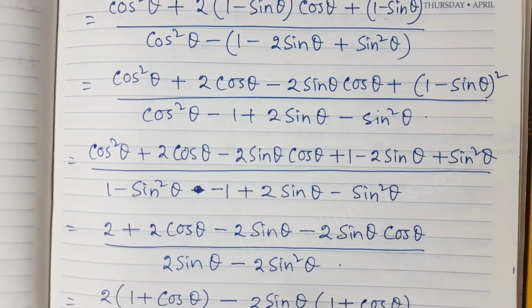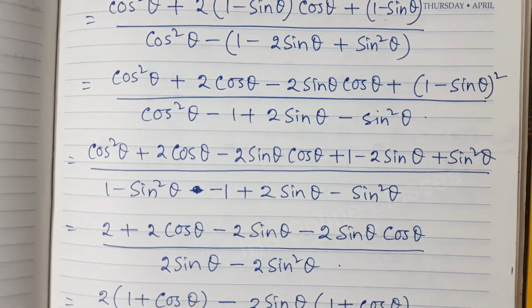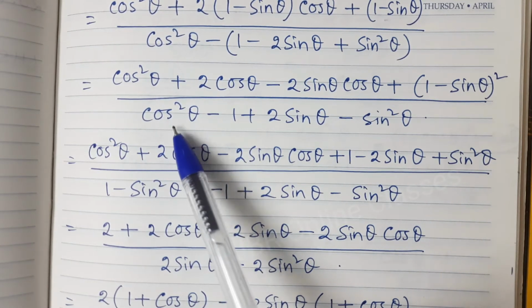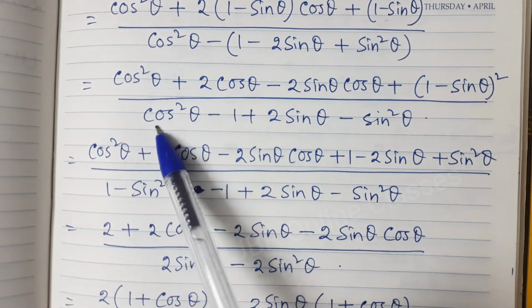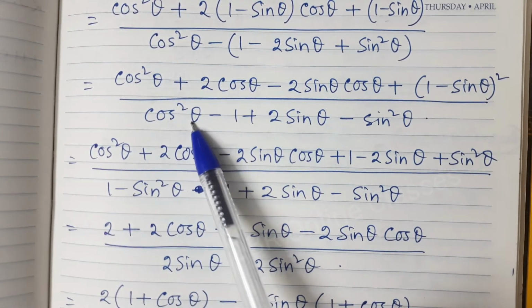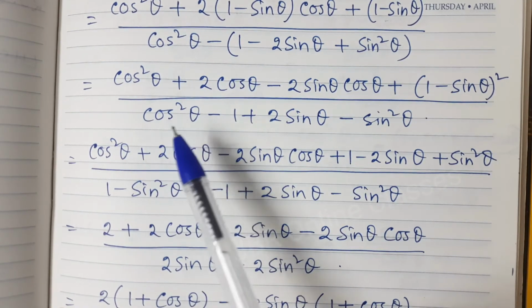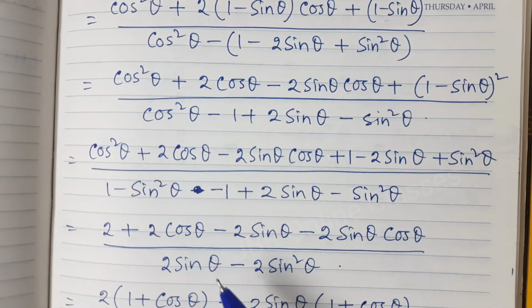Now here, do you remember that in the right hand side only sine theta is present in the denominator? Here you see that cos square theta is present. So I need to write this cos square theta as 1 minus sine square theta, because we only need sine theta in the denominator.